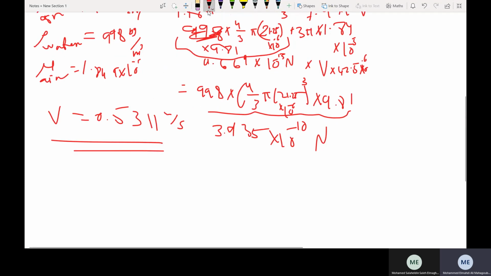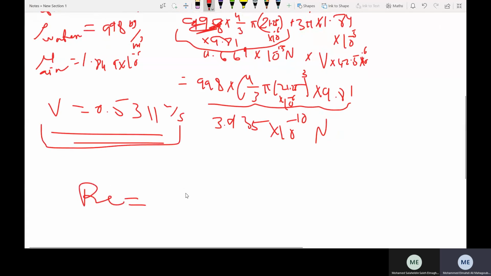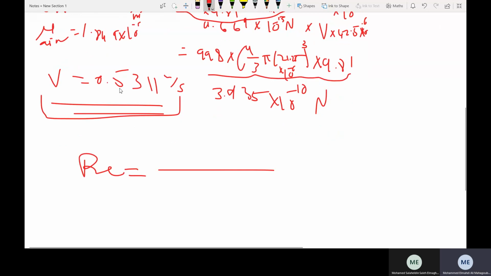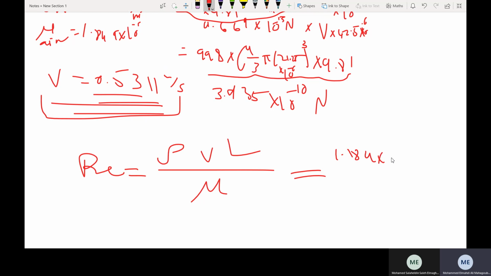What's left is to calculate the Reynolds number to verify that this flow is creeping flow. Let's calculate the Reynolds number using the velocity that we calculated. Reynolds number is rho V L over mu, which is rho 1.184 multiplied by the velocity, multiplied by L. L is the characteristic length.